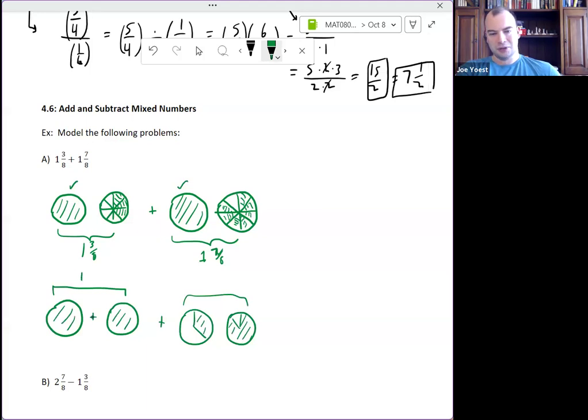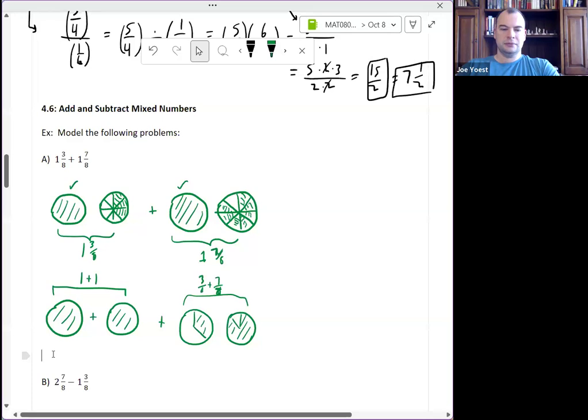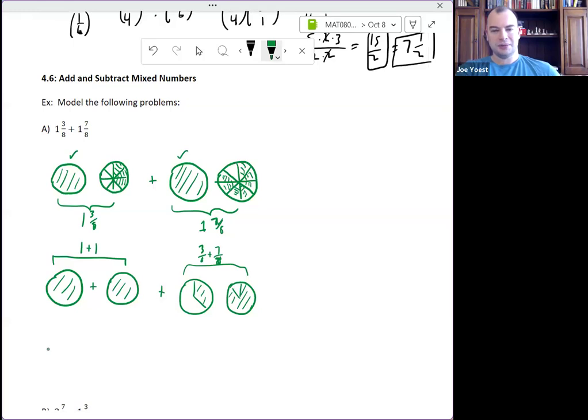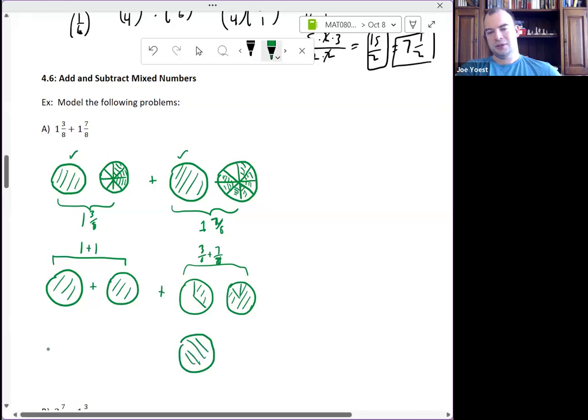So I can add up the wholes, 1 plus 1, and add up the fractional bits, 3/8 plus 7/8. And that's how we do mixed number addition. We add the wholes together, and then we add the fractions together. Now, sometimes it turns out that if I have 3/8 plus 7/8, that's going to make one whole.